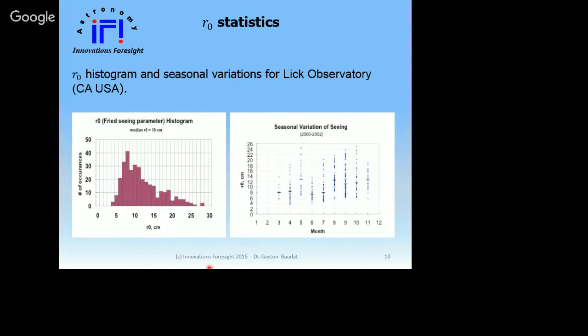You see the median value on the histogram is around 10 centimeters, but that's typical of seeing. It has a heavy tail, meaning you sometimes have pretty good seeing, but not very often. And of course, you have good months, like in spring, and bad months in terms of seeing. And it evolves all the time, even during the imaging process, most likely over the night.